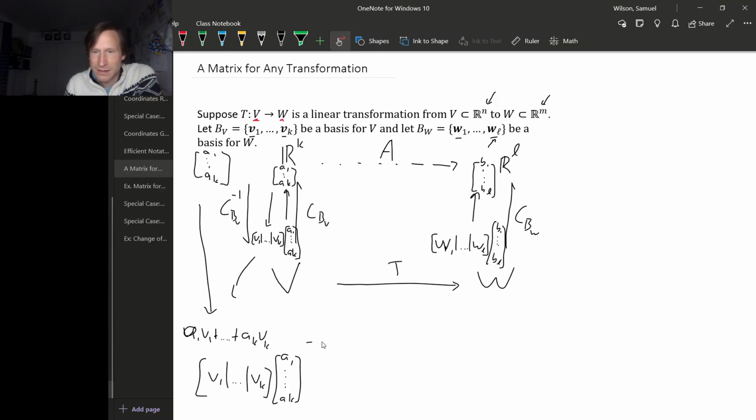Well, it sends it to T of A1 V1 plus dot dot dot up to AK VK. But by the linear transformation property, this is the same as A1 T of V1 plus dot dot dot plus AK T of VK.